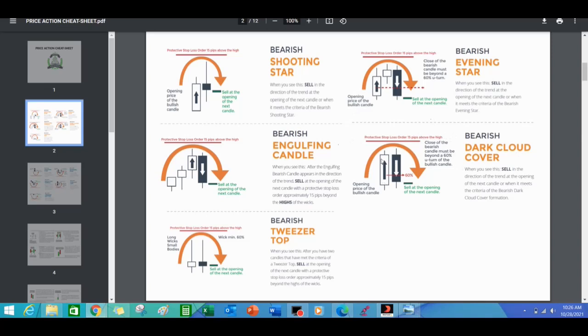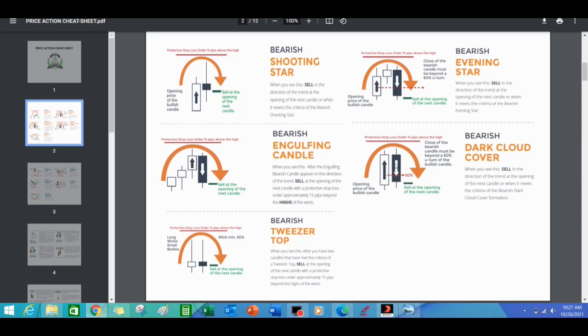The cloud cover gives you a bullish candle with a large body like this, and a bearish candle immediately with a large body almost the same size as the bullish candle, or the bullish candle would be a little bit bigger than the bearish candle, but they will be almost the same size in most cases. At that point, it shows that the next candle should be a bearish movement. That is where you should start selling. That is the way it works.